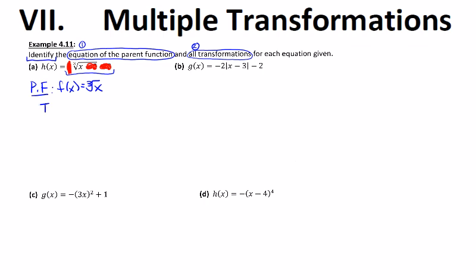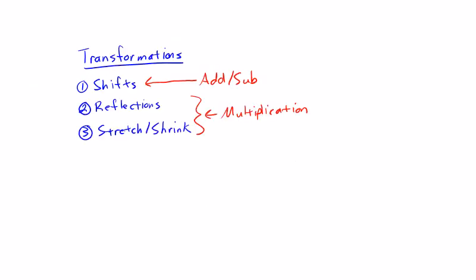For listing the transformations, we need to be thinking about what each one of these, either multiplier or addition or subtraction, ends up doing for us. So let me go back to that slide that we were just at. And on this slide, I want to talk a little bit more about the transformations and the importance of the transformations.